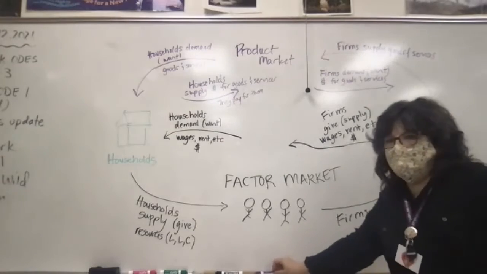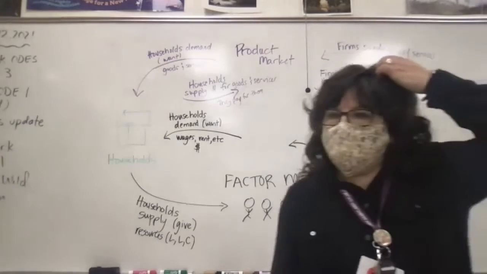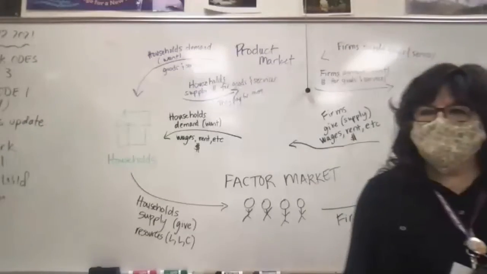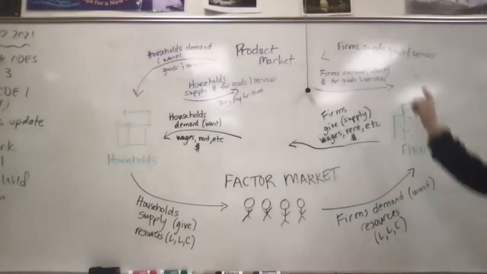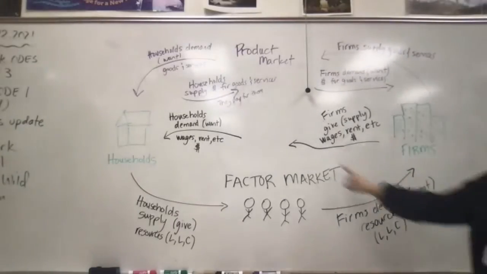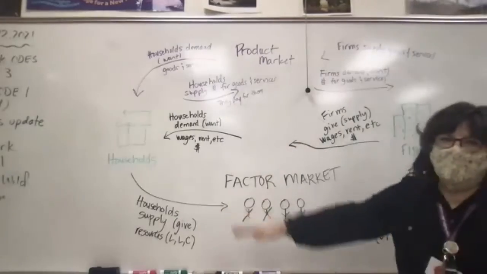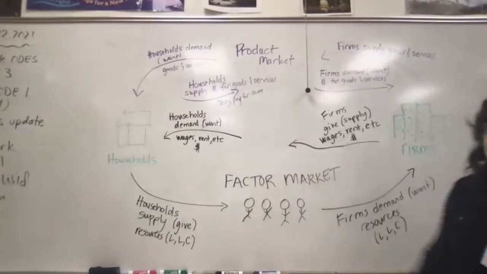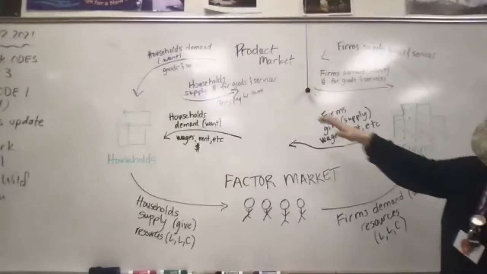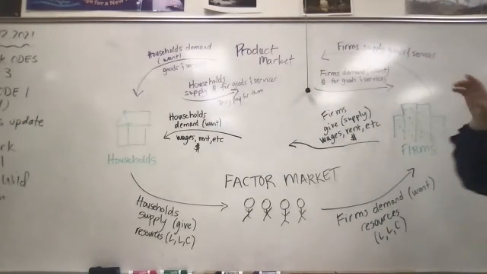I wish this was neater and fancier. So this flow in the product market, so there's a flow down here with the black marker, that's the factor market, right? The purple marker is the product market flow. Now my flow is kind of a squishy thing, right?